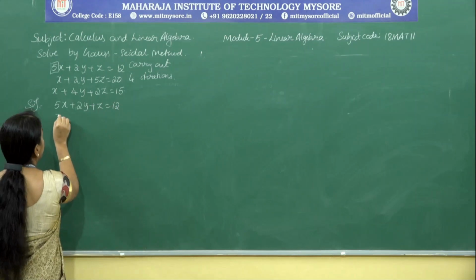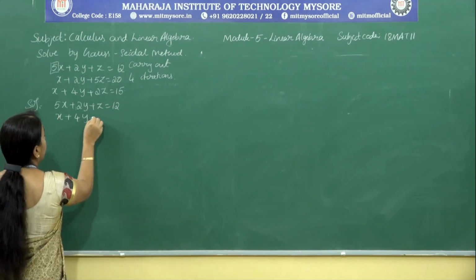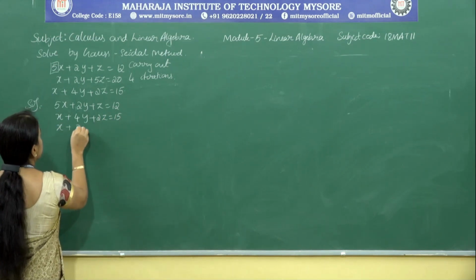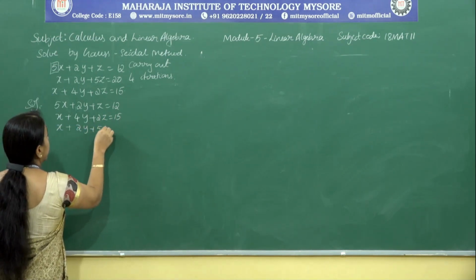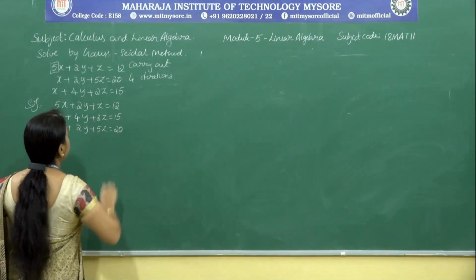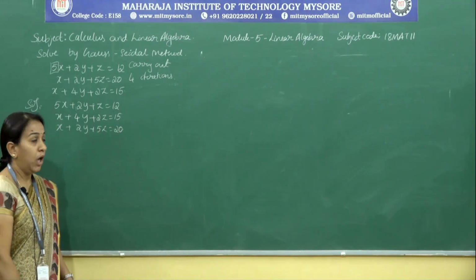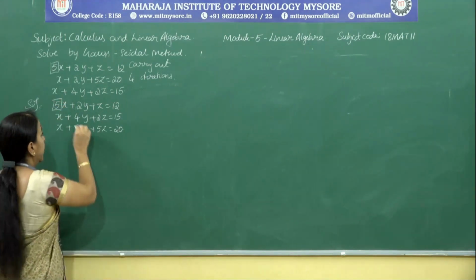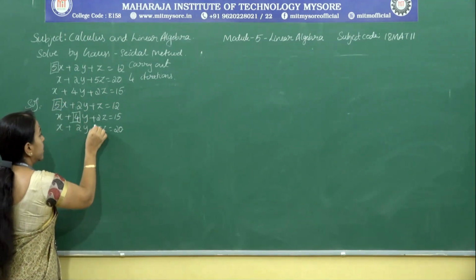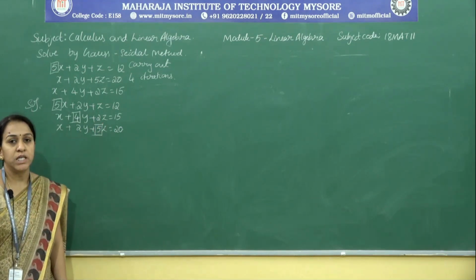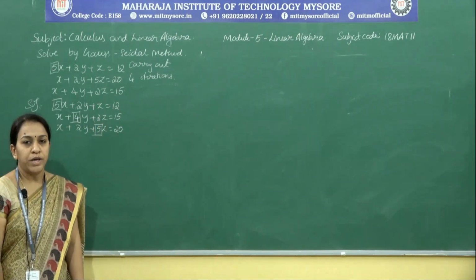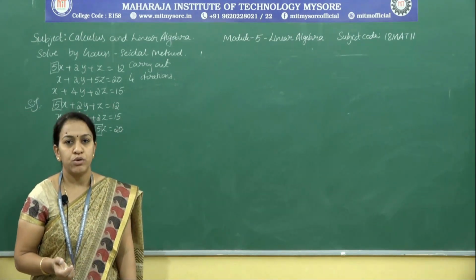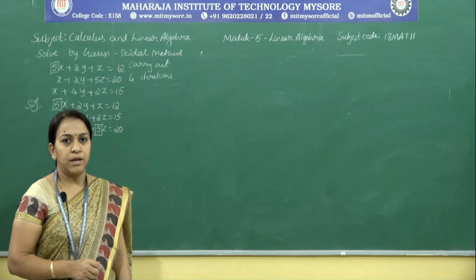Then I write the third equation as the second equation: 4y plus 2z equal to 15, and the second as x plus 2y plus 5z equal to 20 as the third equation. Now in the first equation, the coefficient of x is more, in the second y is more, in the third the coefficient of z is more compared to x and y. So this should be the order you check before going to solve using the Gauss-Seidel method.